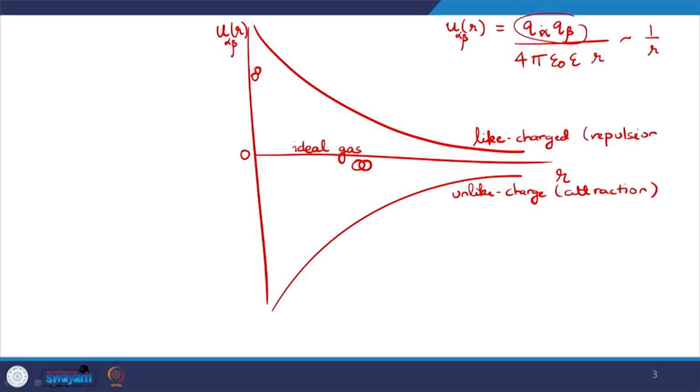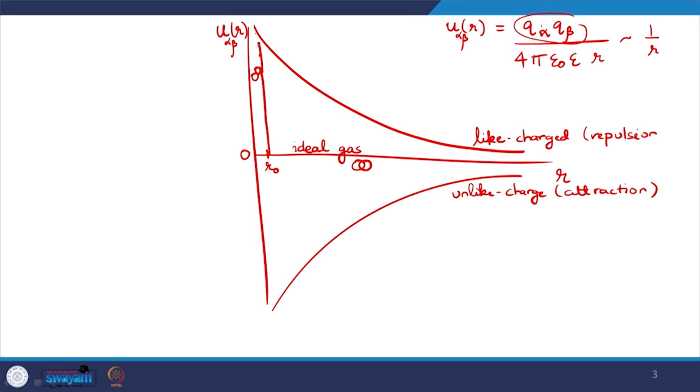So, what will that look like? Since the overlap is restricted, let us say I represent some R O as the overlap distance. Then for values less than this R O, the energy is going to be infinite, so it will look pretty much like this.